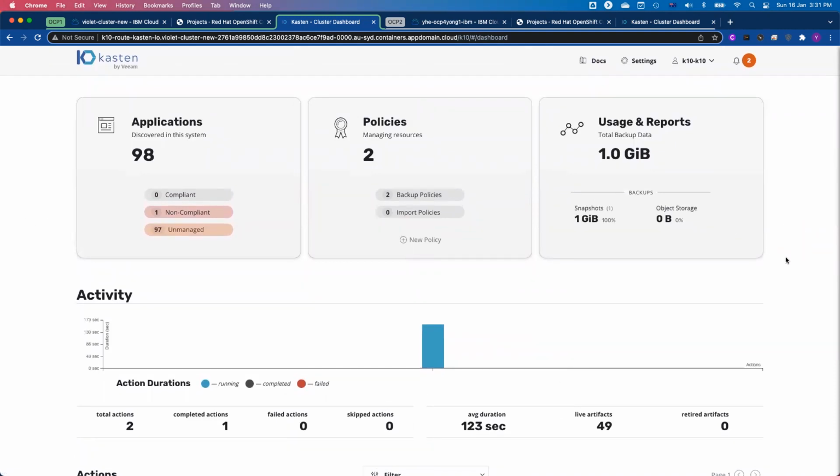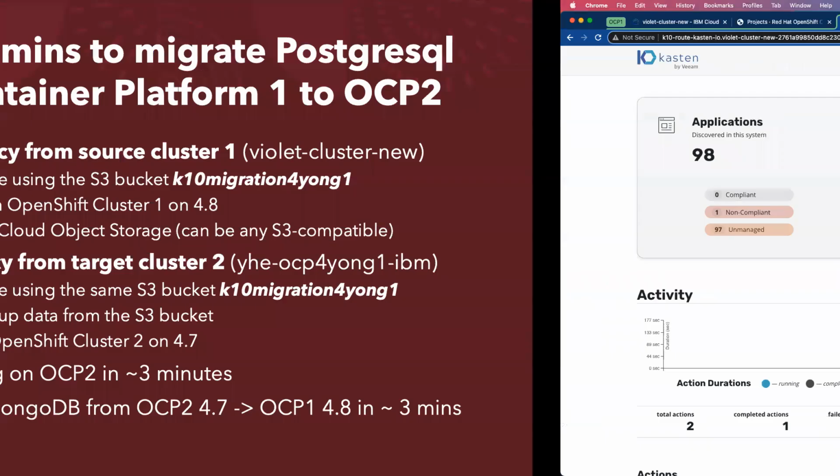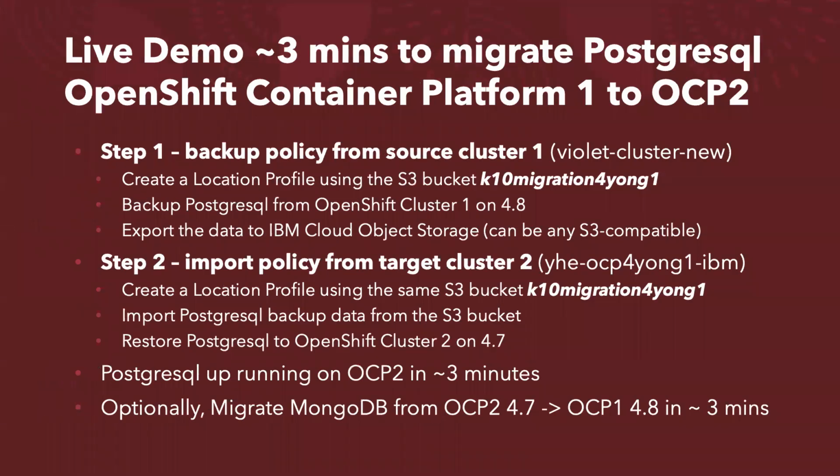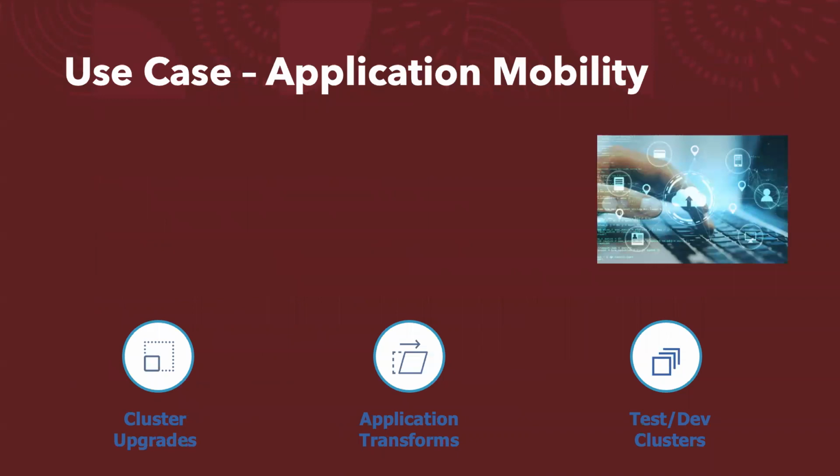While we're waiting, let me highlight a few typical use cases about application mobility, or data container migration. Customers are using application mobility or container migration for a few use cases.